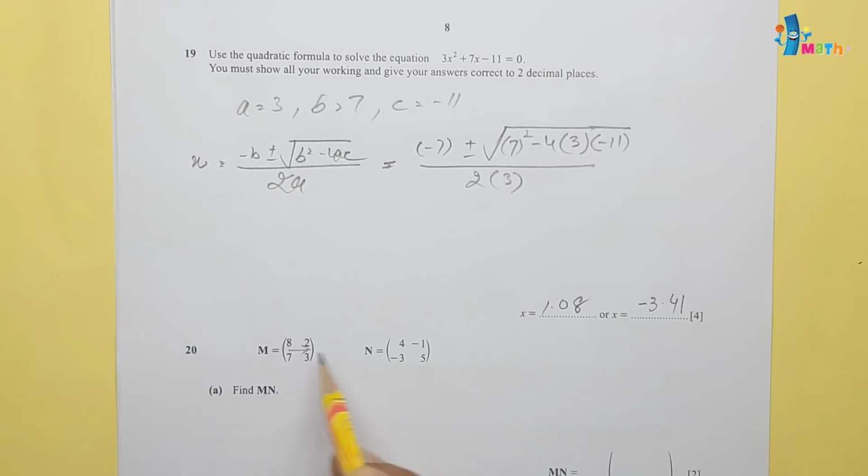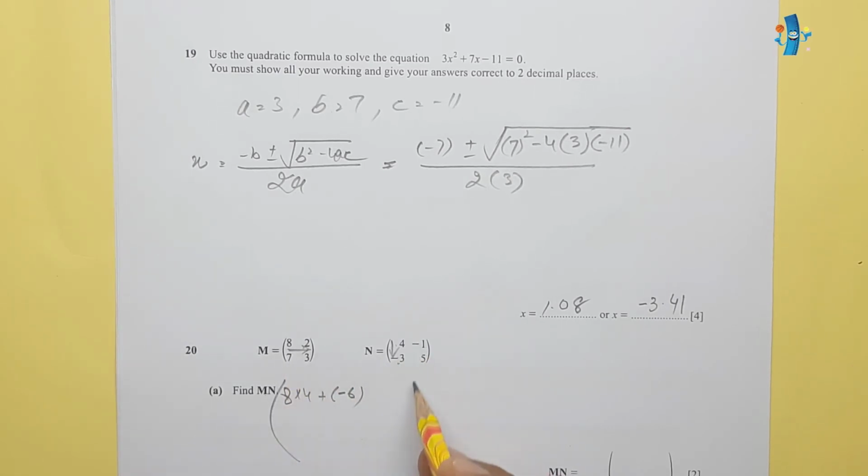So this will be first row, first column. This will be 8 multiplied by 4, and minus, this into this, and plus this into this. So 2 into 3 will be minus 6. 2 into minus 3 will be minus 6.